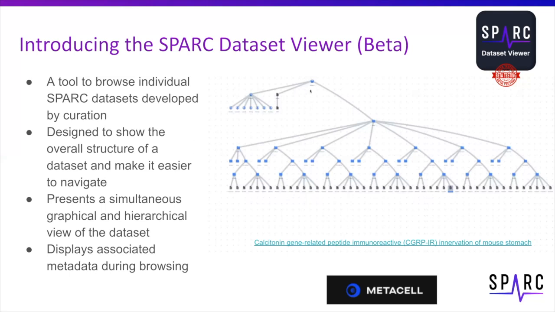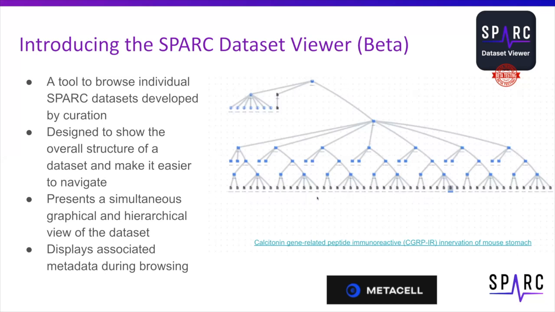But you can see here, instead of taking a structure that is a bunch of separate folders, all organized according to these individual hierarchies, it basically presents to you the organization of a data set as a graph. So as we'll see when we actually look at this in the viewer, this basically says there's a bunch of subjects, and here are the subjects, and here are the types of data and files that are associated with each subject.